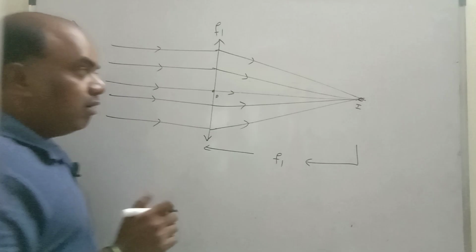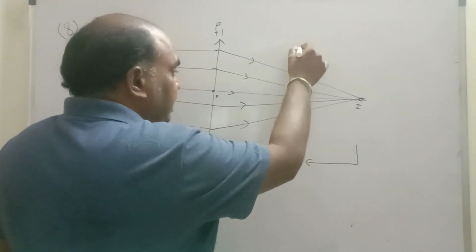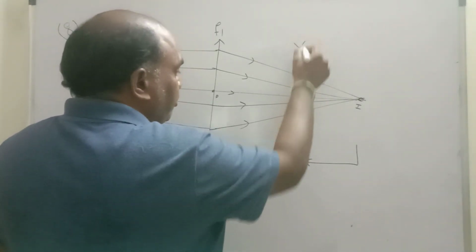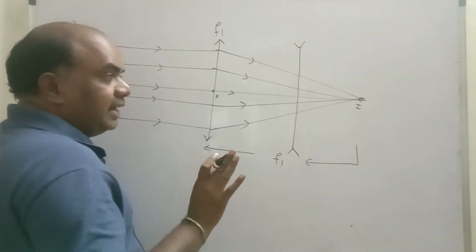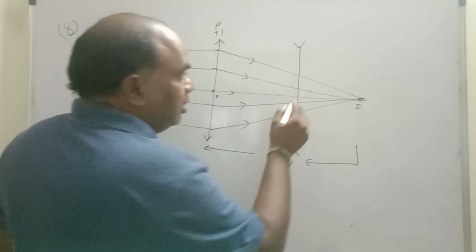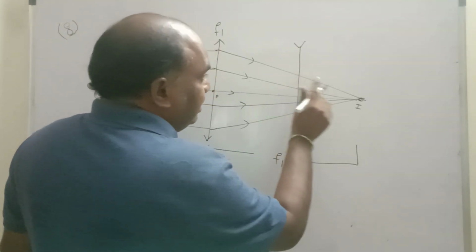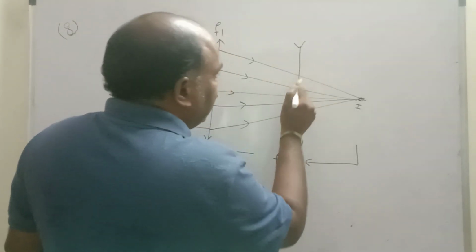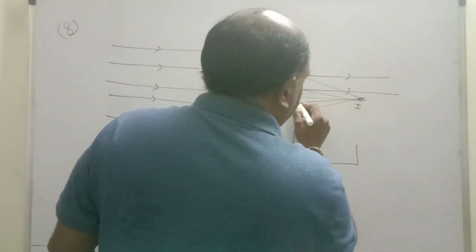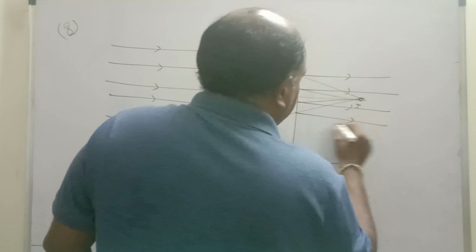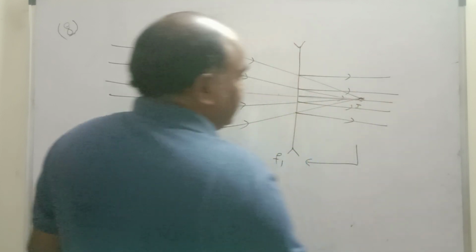Say I have one more diverging lens. Here I have one diverging lens. I placed the diverging lens. So again I need to get parallel rays. So what will happen? With a diverging lens, these rays will not converge. From here they diverge and move parallel to the principal axis. Observe carefully, these all move parallel to the principal axis.